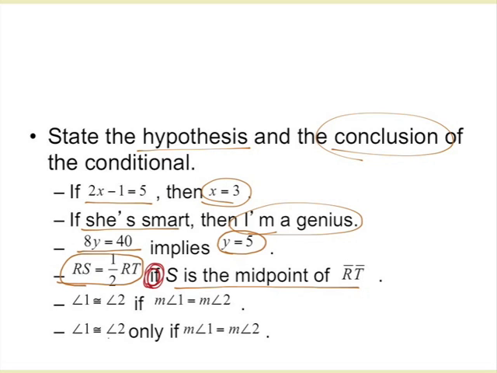RS is 1/2 RT is the conclusion. Okay? When it's just the word if in the middle of the sentence, they're going to come backwards. That happens again in the next one. The final one says only if, so then they come in the normal order.